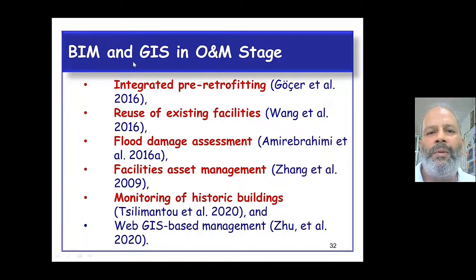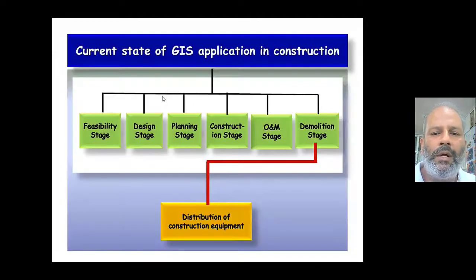Other applications which have been reported along with BIM in this operation and maintenance stage are integrated pre-retrofitting, reuse of existing facilities, flood damage assessment, facilities asset management, monitoring historical buildings, and web-based GIS management.